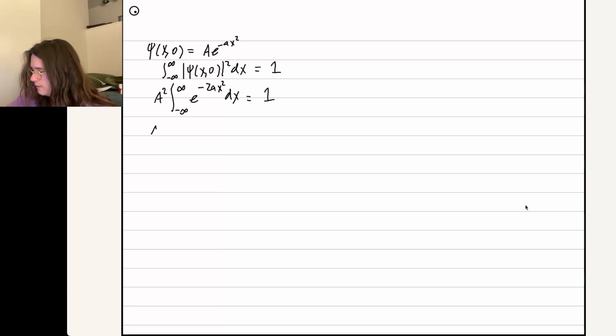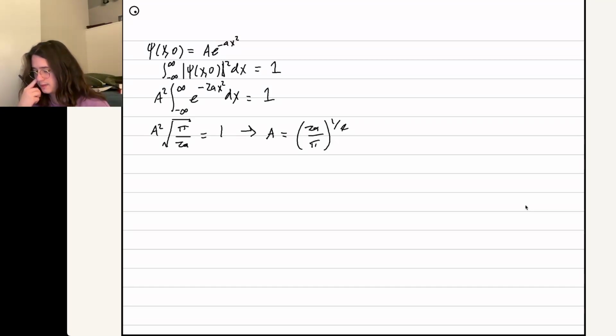And then that integral is just the square root of pi over 2a. It's a Gaussian. And so we've got 1 on this side, and that is going to tell us that A is just (2a over pi) to the 1/4. So we've got that going for us.